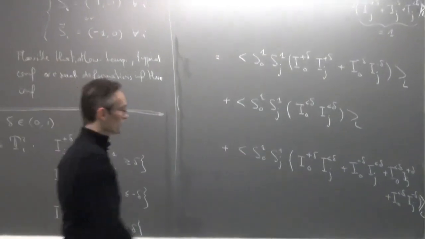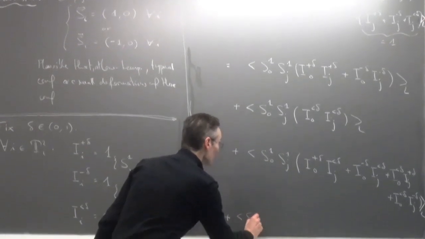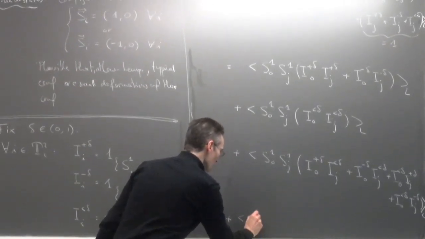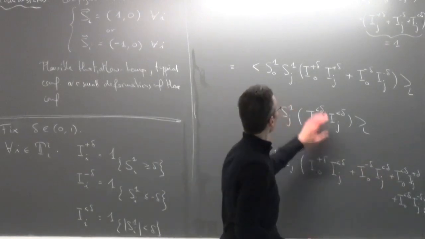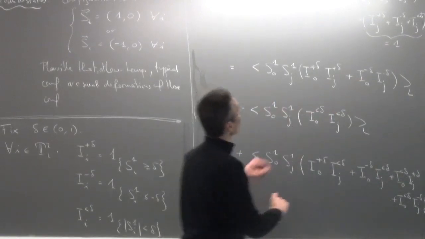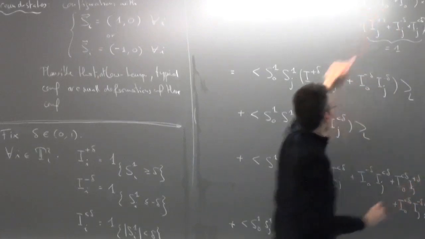And then the only one which is remaining is S01 Sj1. So I have 4, 5, 6, 7. There are only two which remain, which are when I take plus delta and minus delta, and minus delta and plus delta.